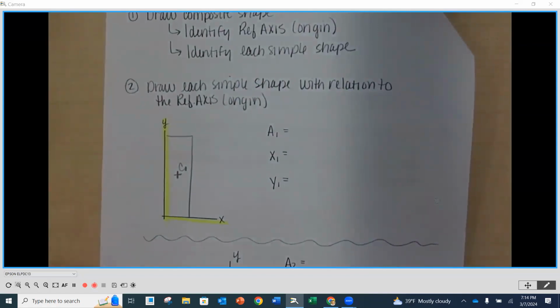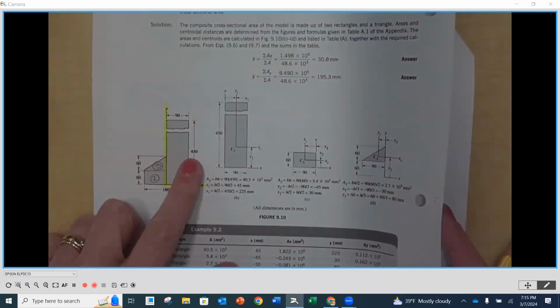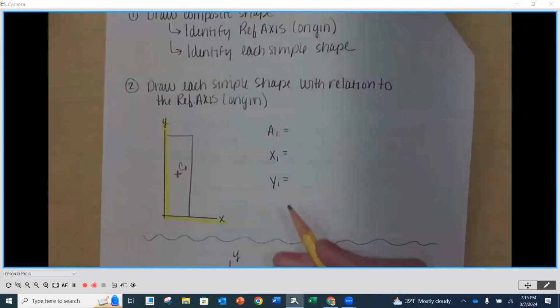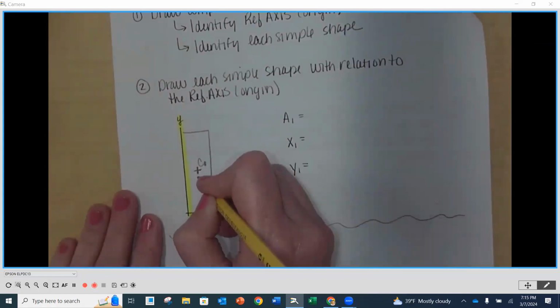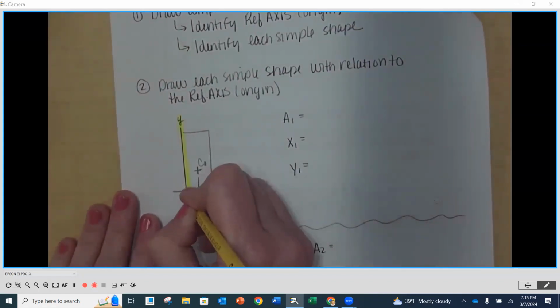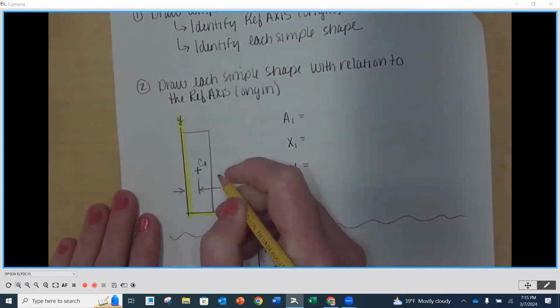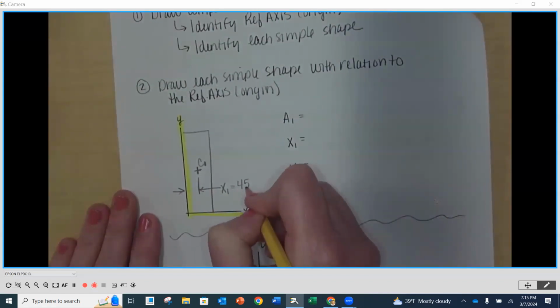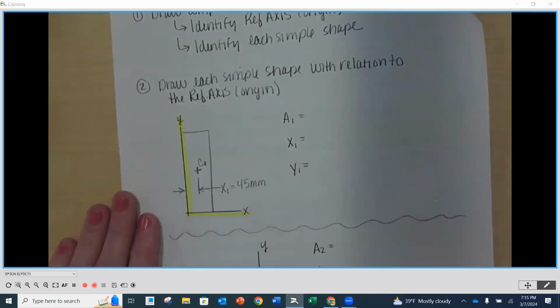Given the information, this is 450 millimeters tall and it's 90 millimeters wide. So from our reference axis, my X1 is going to be half of 90, which is 45 millimeters.